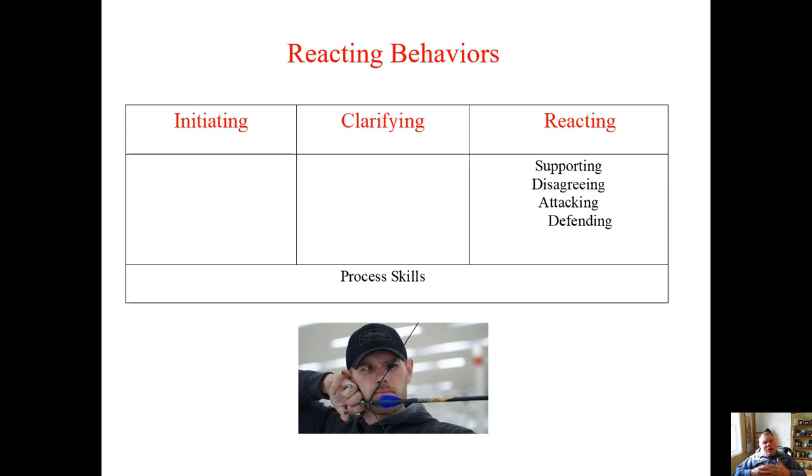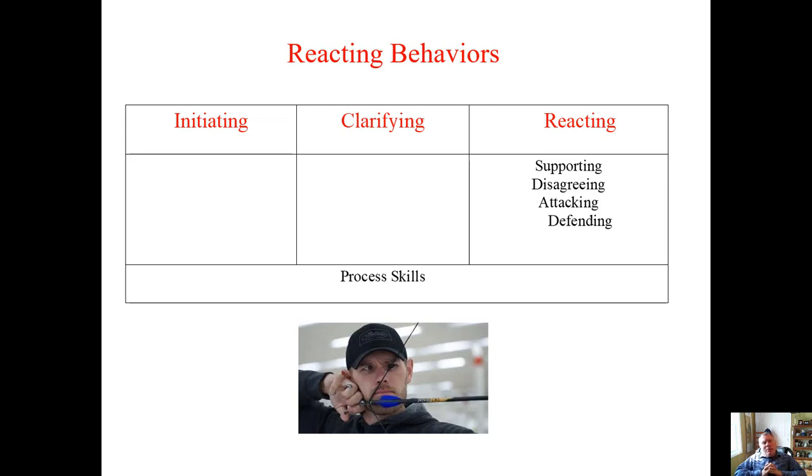And one of the things that we can also react, and these are attacking and defending. And that's when you attack someone. And you might say, you're the stupidest person ever. That's so bad. If you had a high IQ, this wouldn't happen. You have a low IQ.